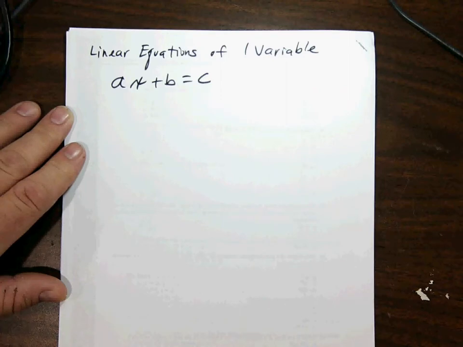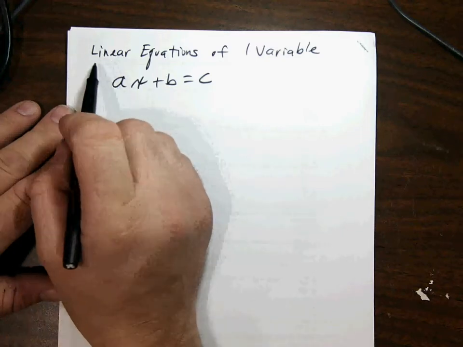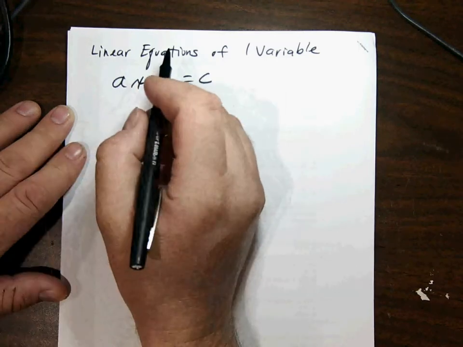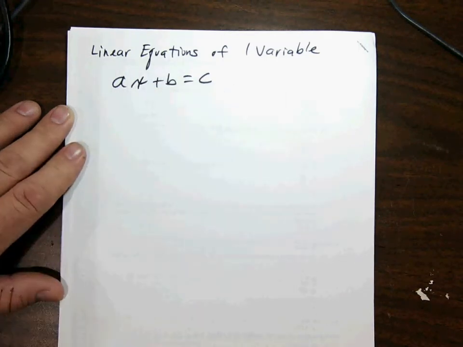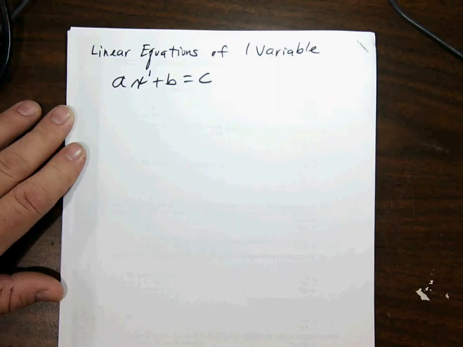And that word linear, we won't look too much at graphing, but if I were to graph a linear equation of 2 variables, it graphs into a straight line. But more mathematically speaking, what that word linear is talking about is the exponent on my variable x. When no exponent's shown, there's an exponent of 1 there.